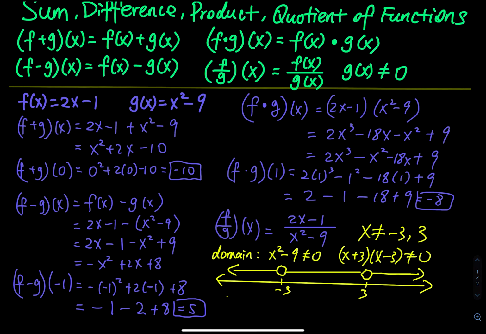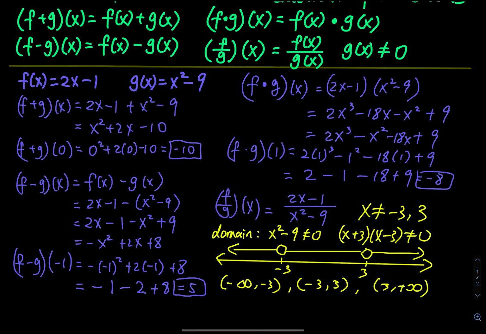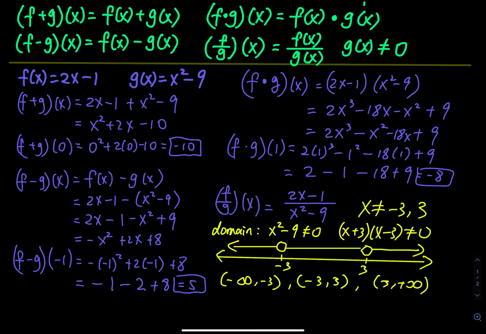So the domain is from negative infinity to negative 3, from negative 3 to positive 3, and then from positive 3 to positive infinity. You can use a comma to separate the intervals. In inequality form, this is x less than negative 3, x between negative 3 and positive 3, and x greater than 3.